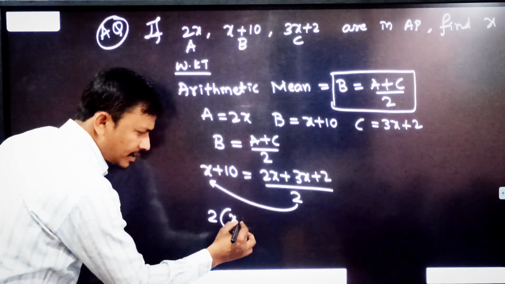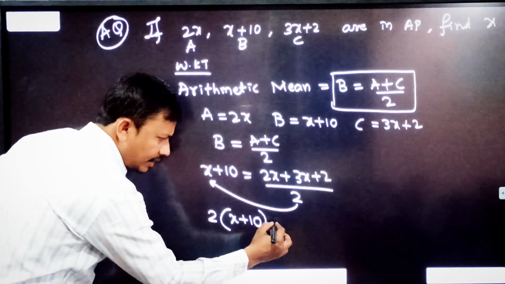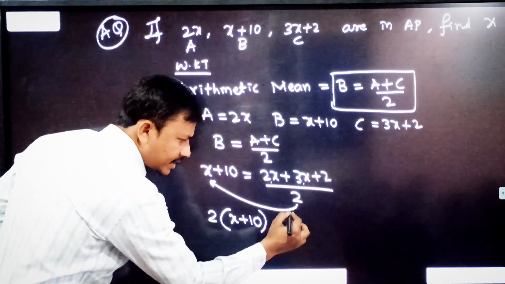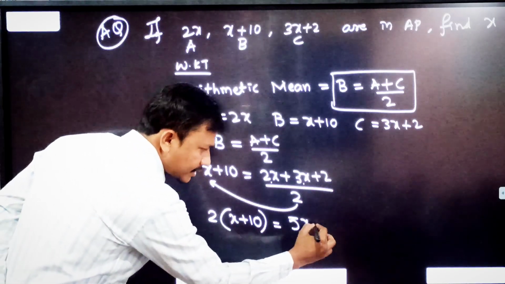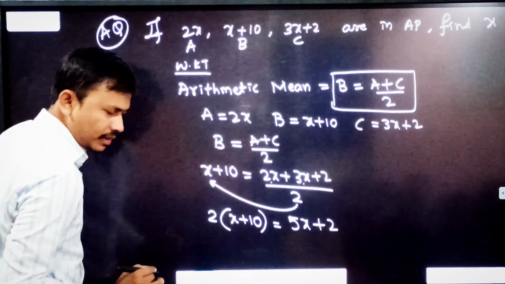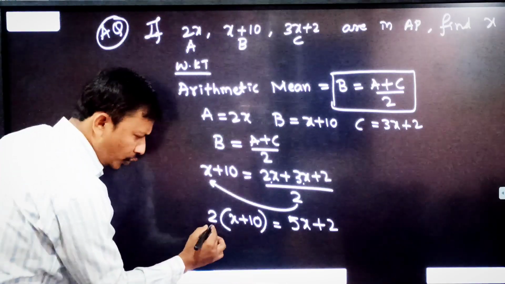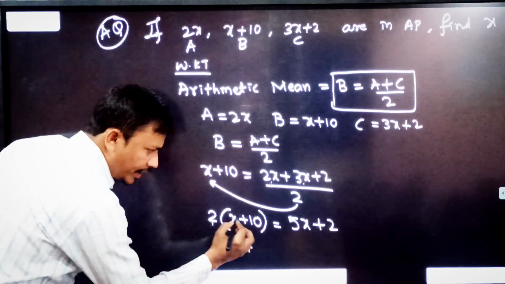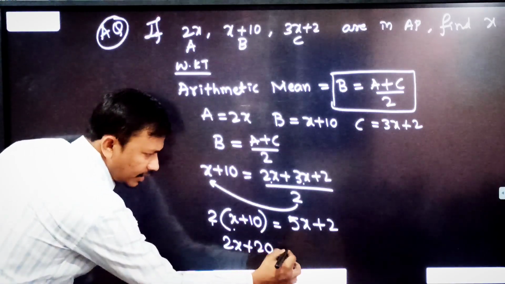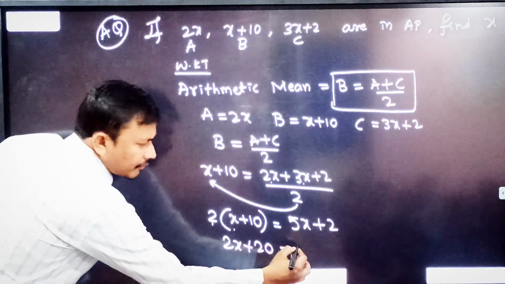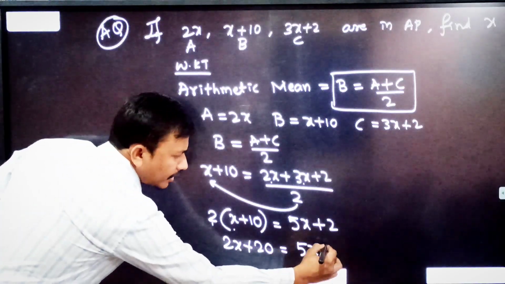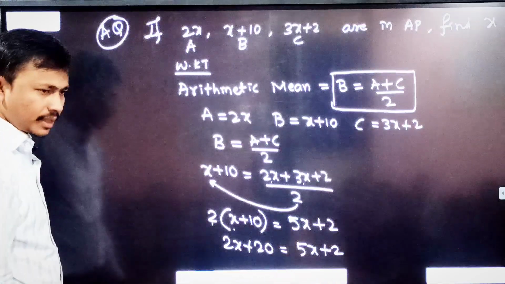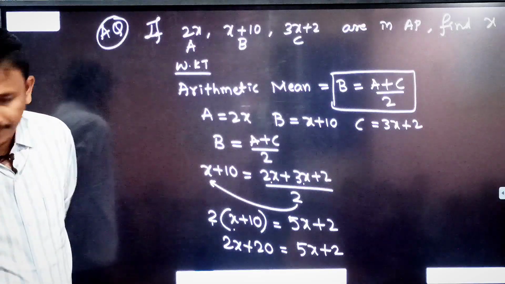2 multiplication x plus 10 is equal to 2x plus 3x, 5x plus 2. Correct? 2 into x is 2x, plus 2 into 10 is 20, is equal to 5x plus 2. Correct? Okay.